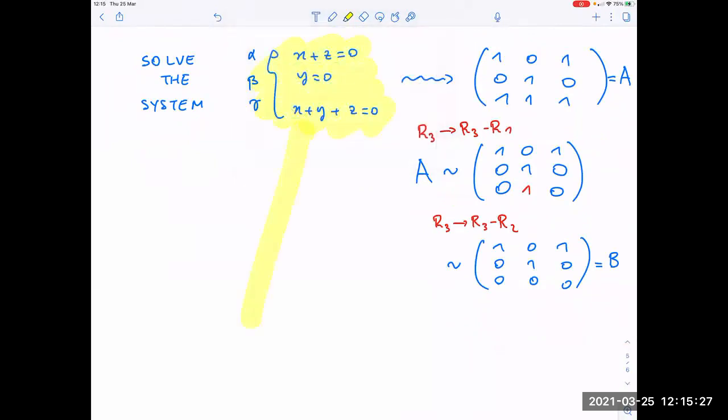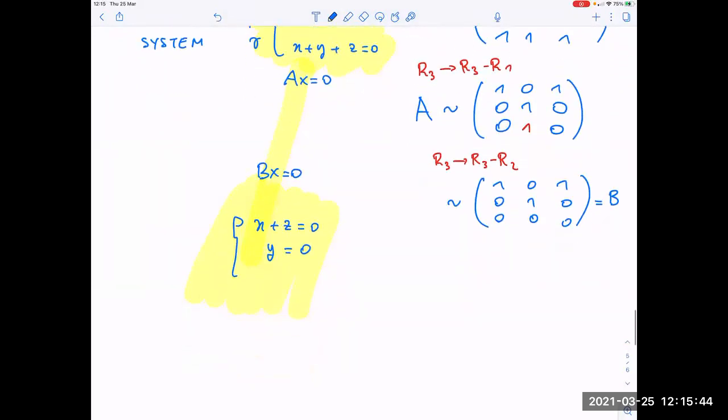Solving this system, which is the system AX equals 0, is the same thing as solving the system BX equals 0. And the system BX equals 0 is just X plus Z equals 0, Y equals 0. And how do you find the solution set of this one?